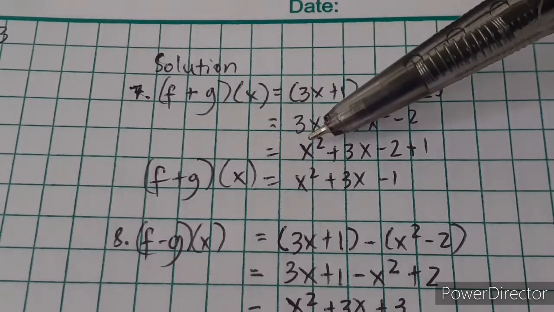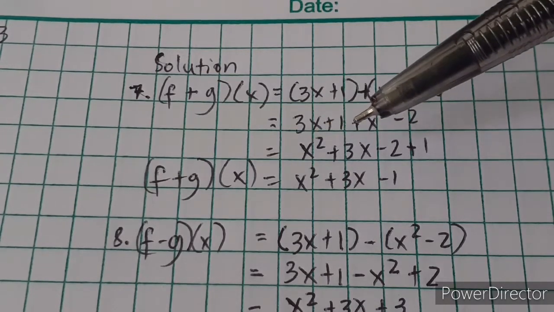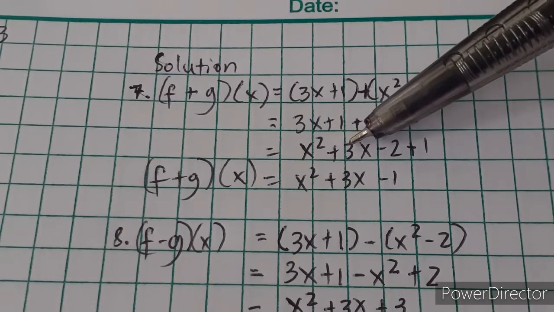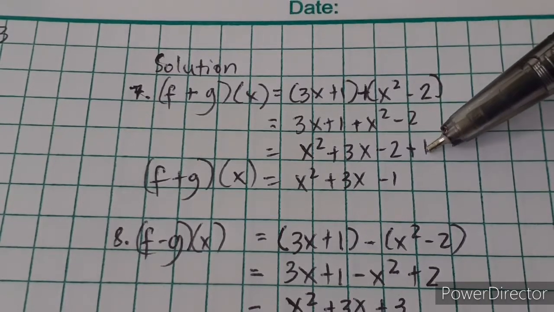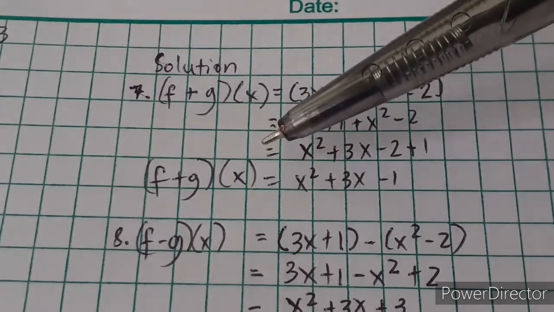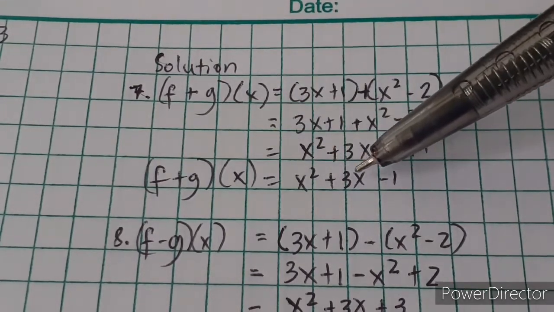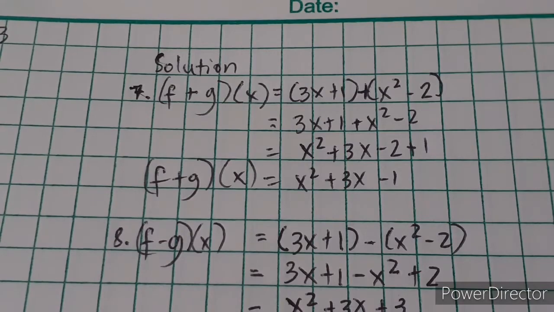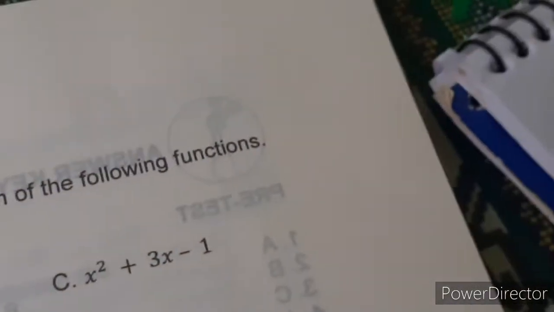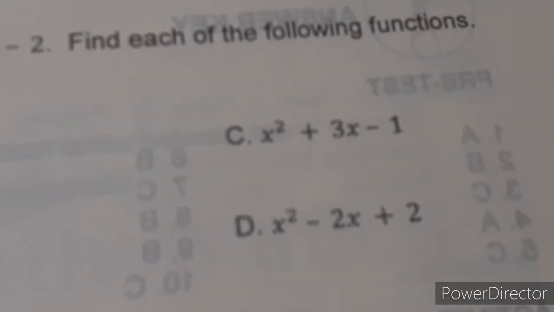X squared will go first so that we will be able to express our answer in standard form. Plus 3x, minus 2 plus 1. Minus 2 plus 1, you get negative 1. So this is our final answer, x squared plus 3x minus 1. And that is in letter C.